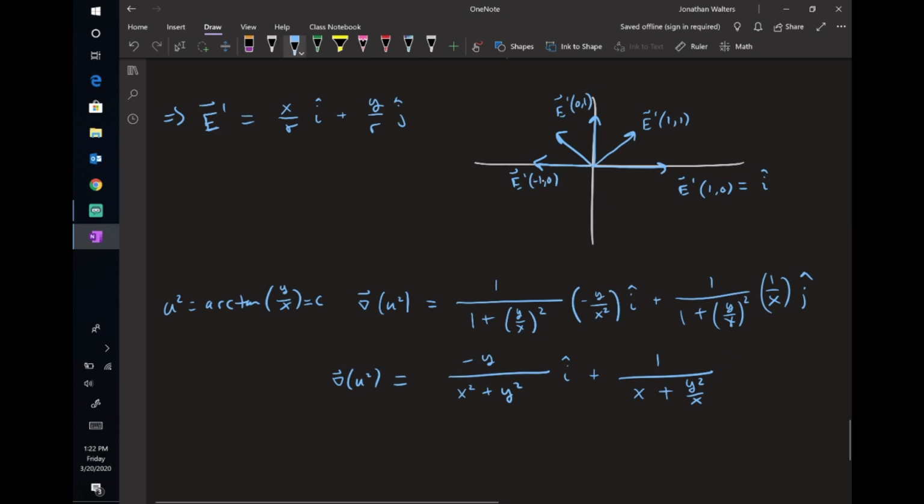And what I want to do to the j component is multiply top and bottom by x, just to make it a little better to look at. So this is really negative y over r squared i plus x over r squared j.